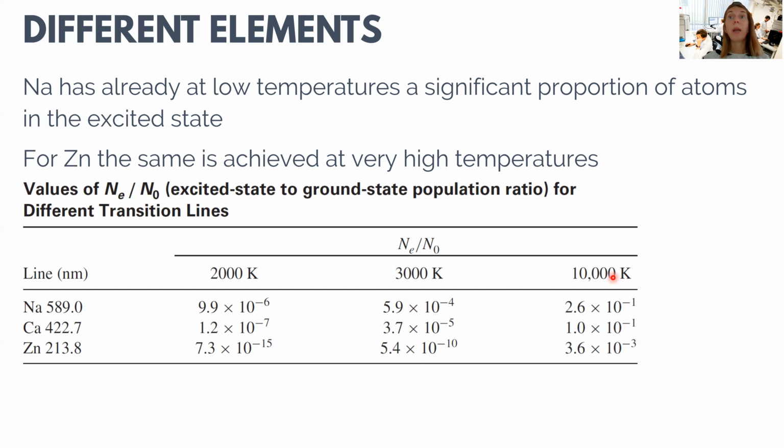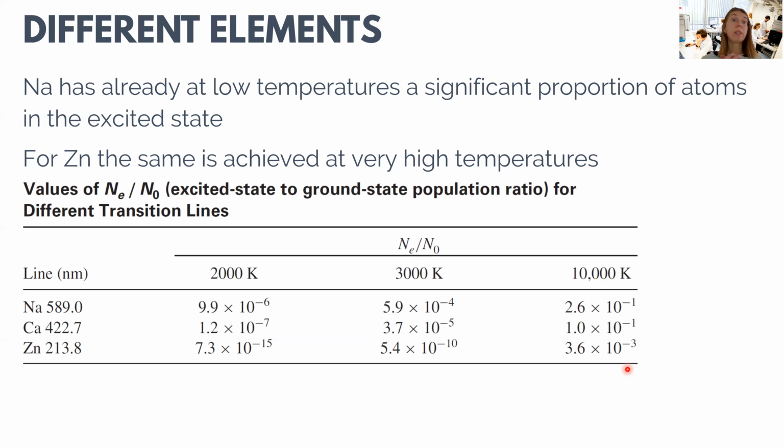And only when we manage to increase the temperature to 10,000 Kelvin, we get a sufficiently high ratio of excited to ground state for the zinc atoms. And of course, also for calcium and sodium, it is increased. But for example, for calcium, the ratio was sufficiently high to do measurements already at the lower temperatures. But for heavy metals and metals that are to the right in the periodic table, for which the energy required to bring about the excited state is higher, the temperature really needs to be higher to achieve this.